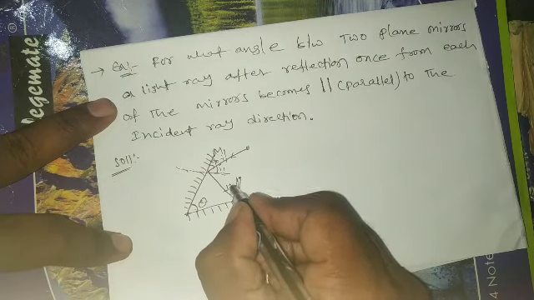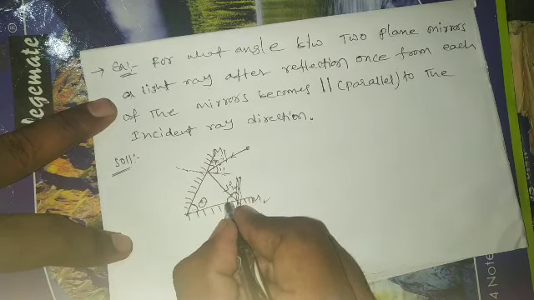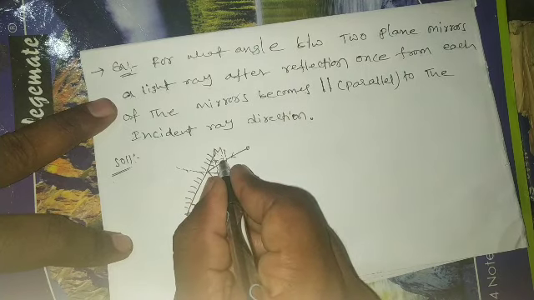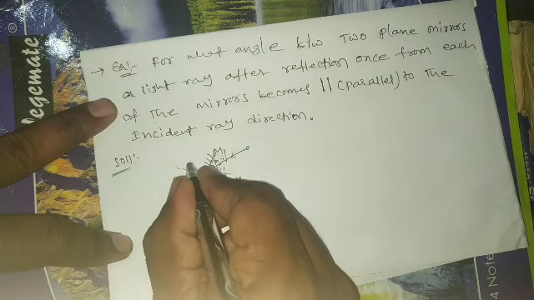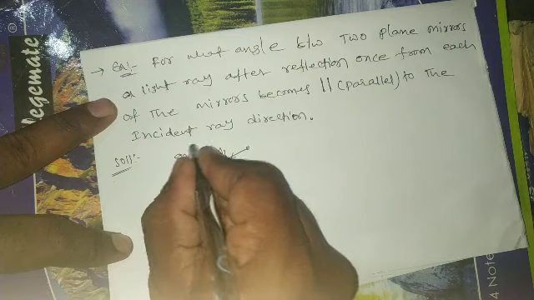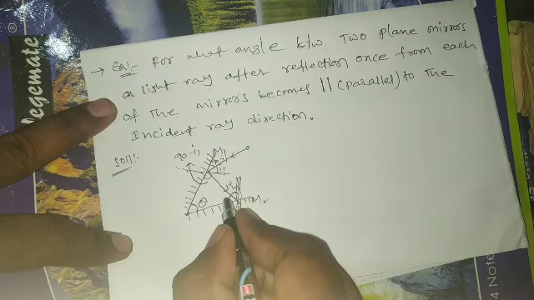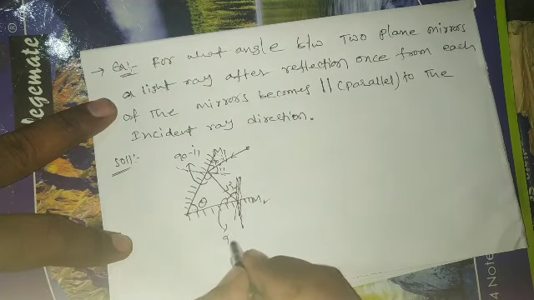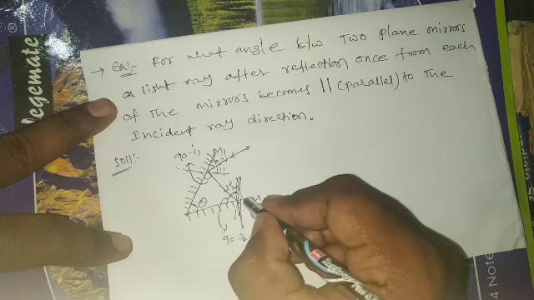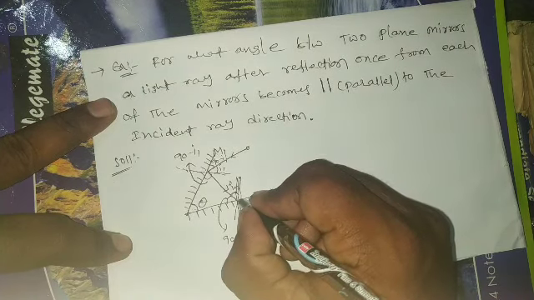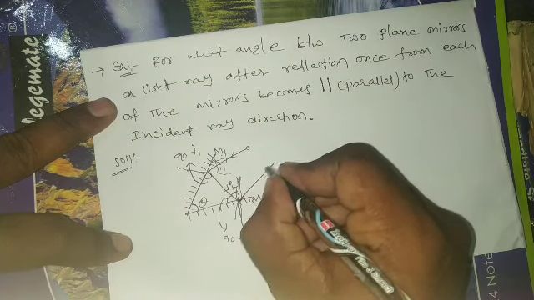This is I2. The glancing angle here is 90 minus I1 again, the same. And for this one, it is 90 minus I2. So finally the ray is reflected parallel to the incident ray direction.